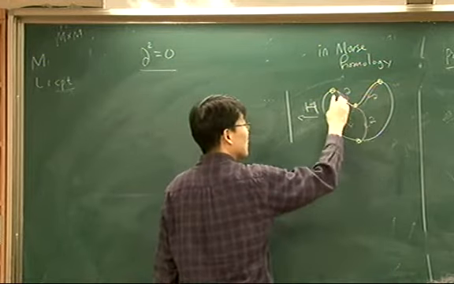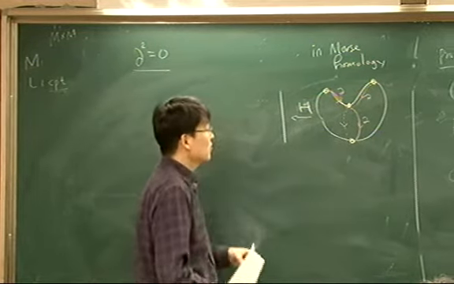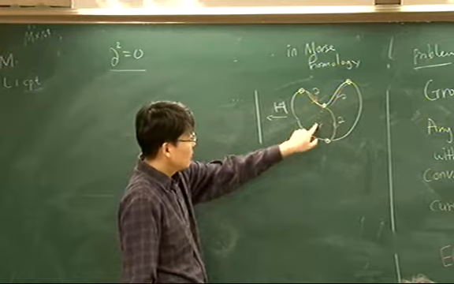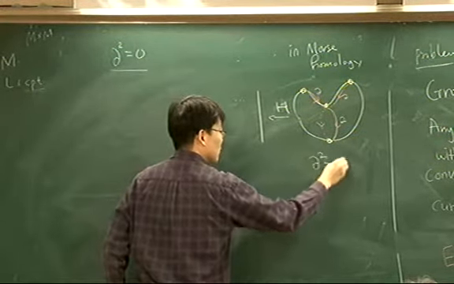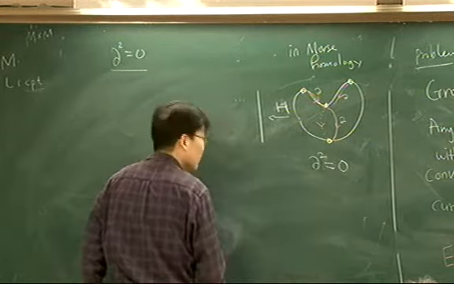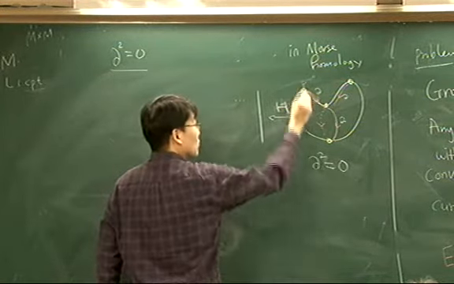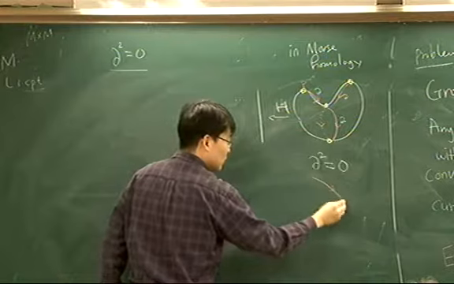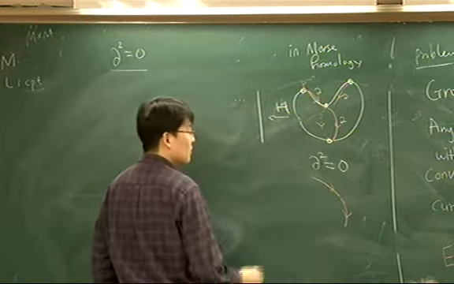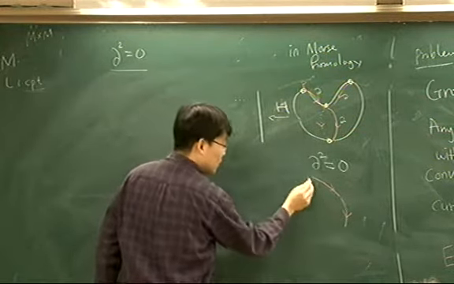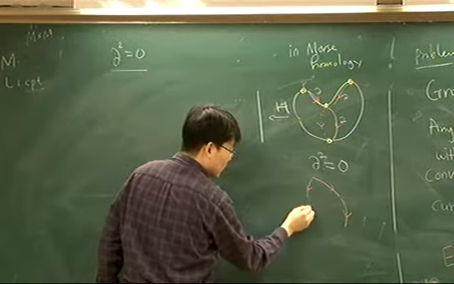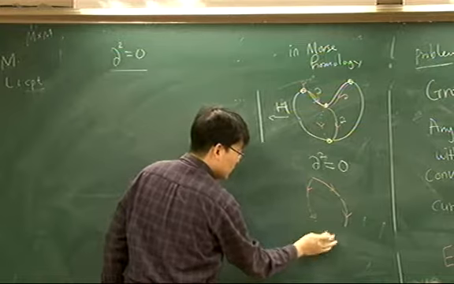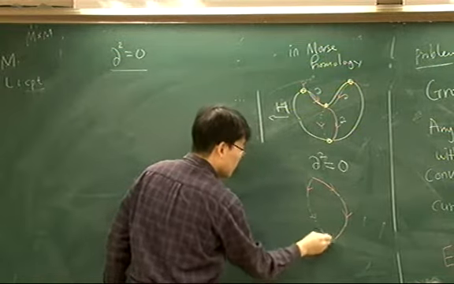So the generators are critical points, and the differentials are counting isolated gradient flows. Then one can prove that boundary squared is 0, because if you look at the boundary squared of this point P, then what you're looking at is some kind of flow like this, together with this flow with the same endpoint.